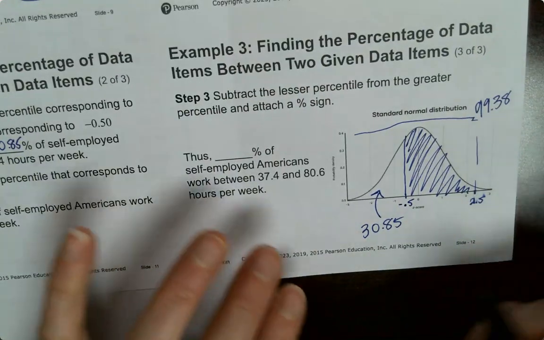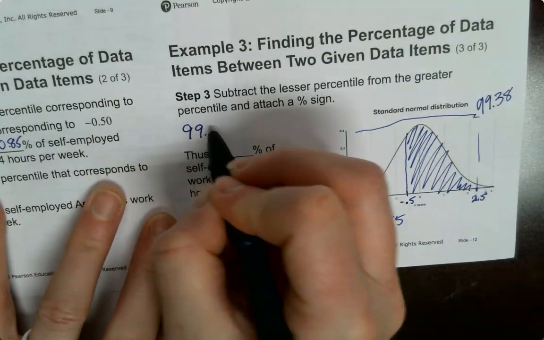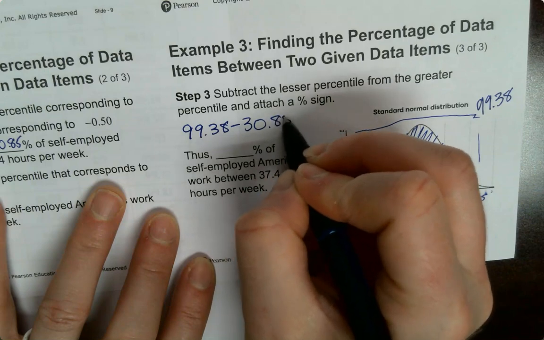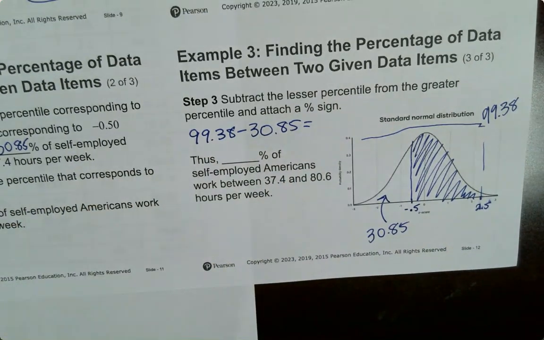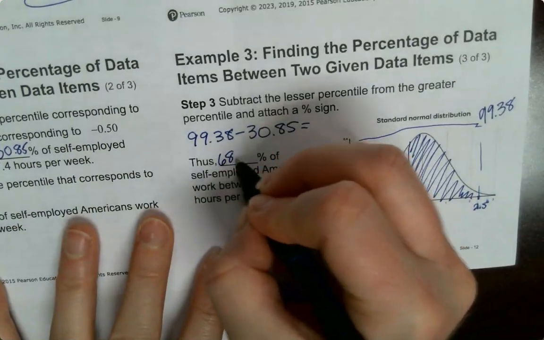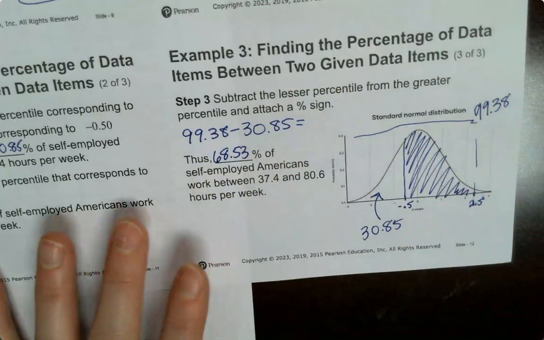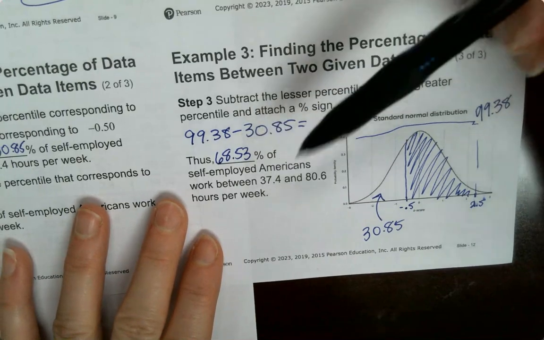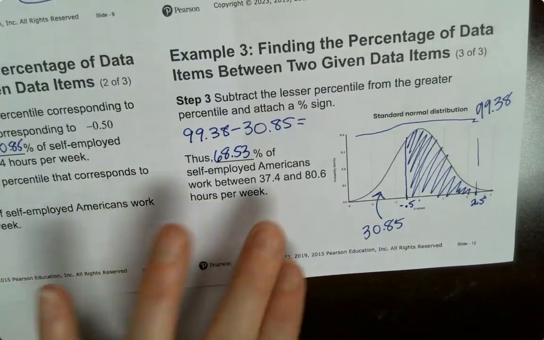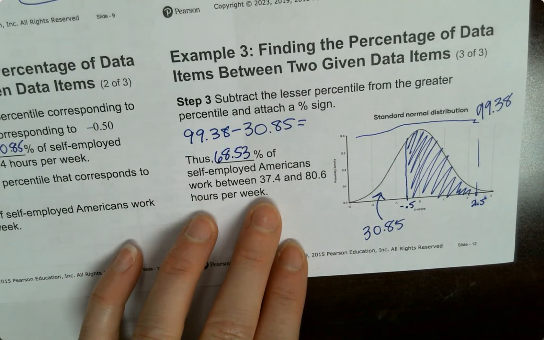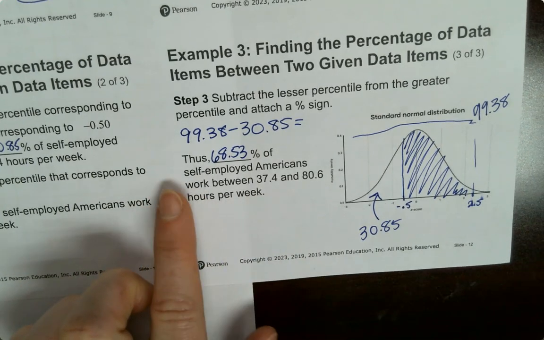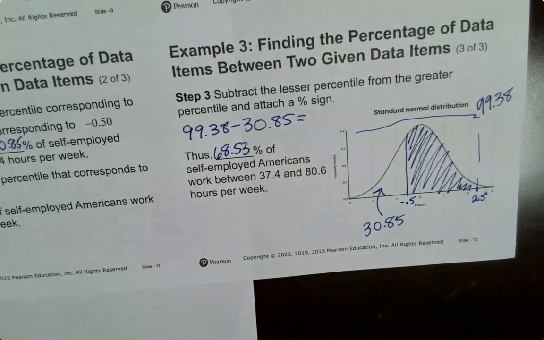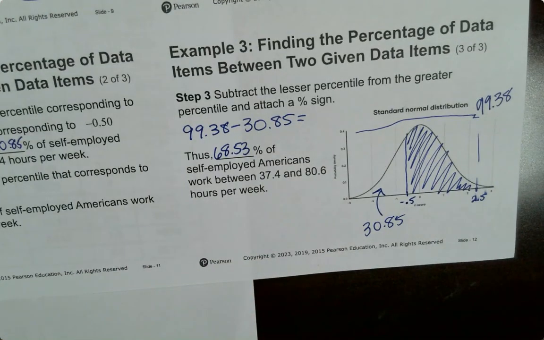So we need to subtract, and you get 68.53%. Thus, 68.53% of self-employed Americans work between 37.4 and 80.6. So the conclusion would be self-employed Americans still work the standard 40-hour week or more.